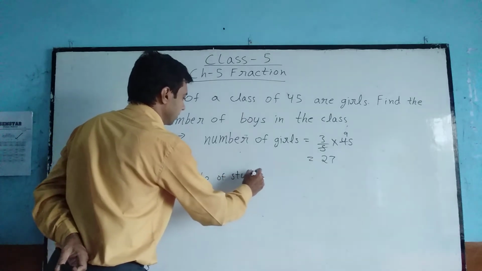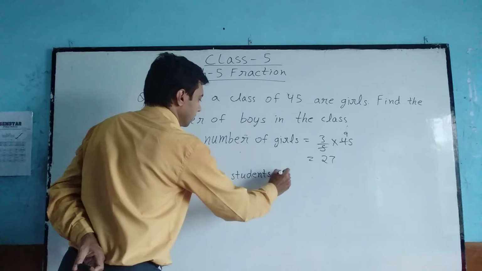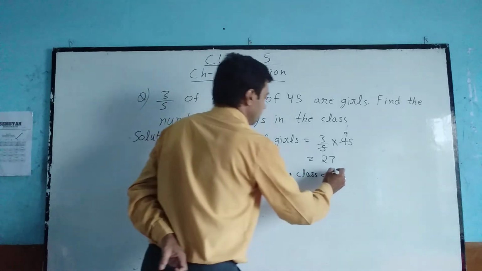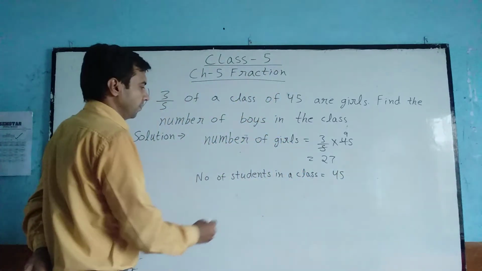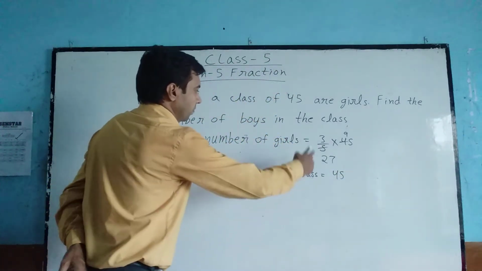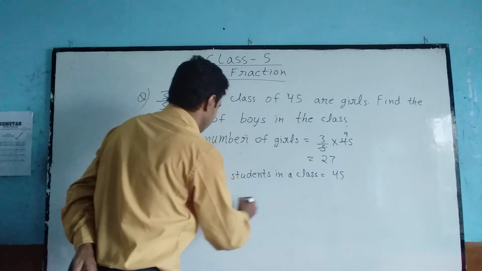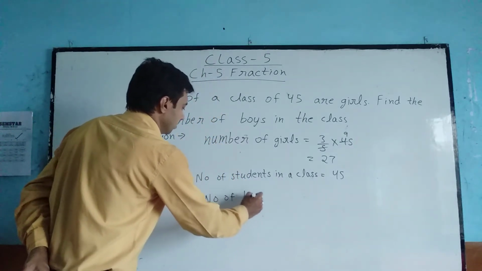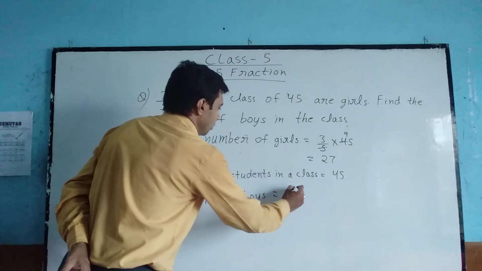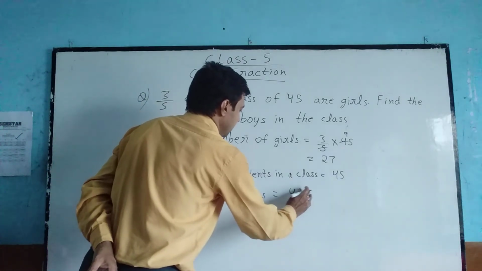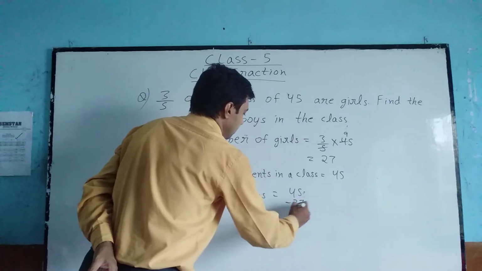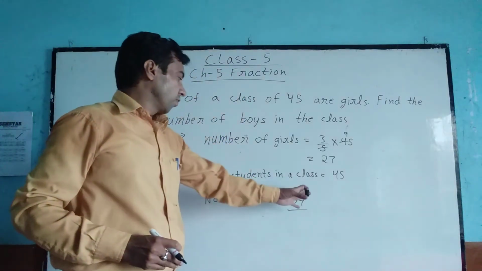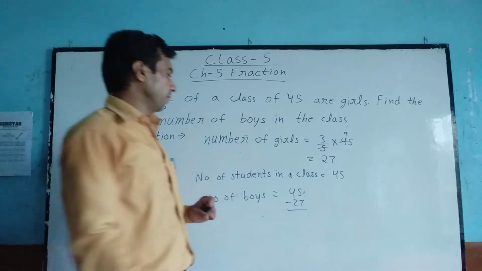Students, class is equal to 45. Now what we have to do? Number of boys is equal to 45 minus 27.